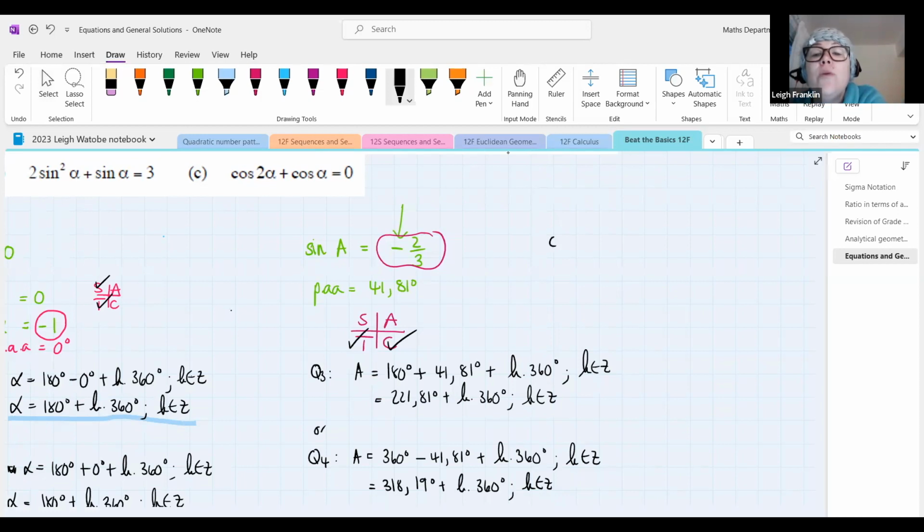If cos A is a negative number, you would be working in quadrants 2 and 3. If tan A is negative, you would be working in quadrants 2 and 4.